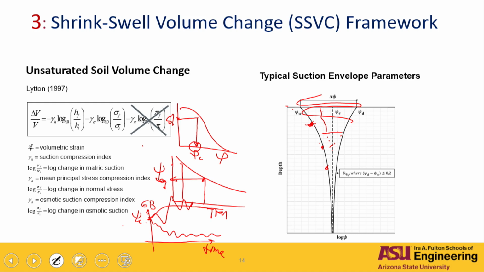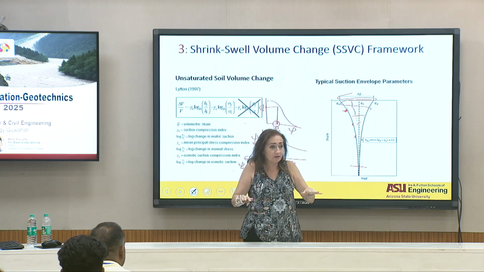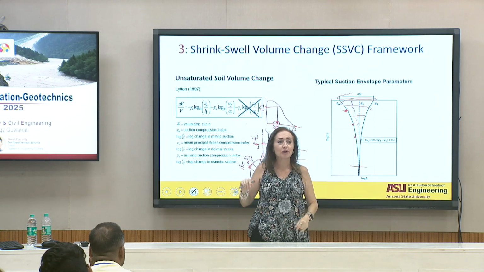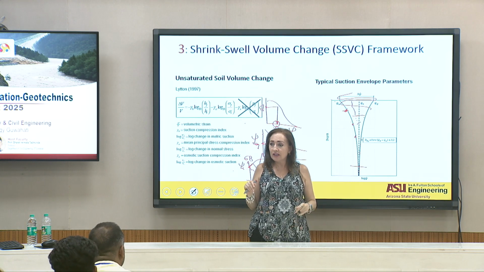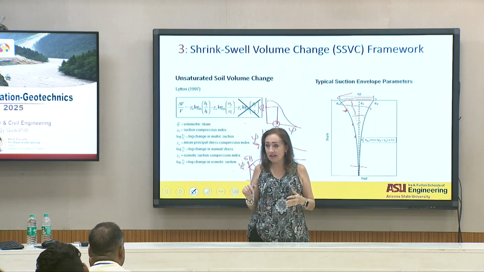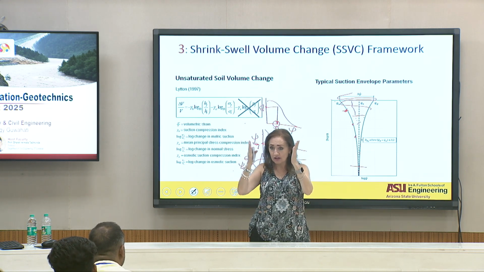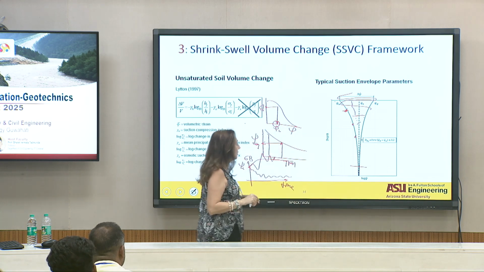If you go down, you're going to have perhaps the same suction values up to a depth, but you're going to have a much higher compressibility or movement of the soil due to more overburden pressure. So this envelope represents some of that, which is why it goes down also.